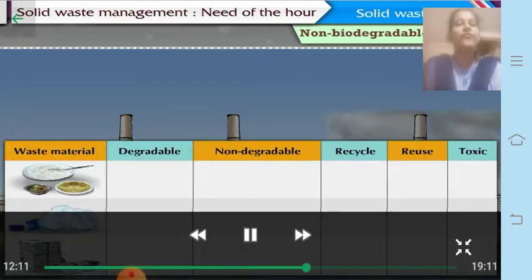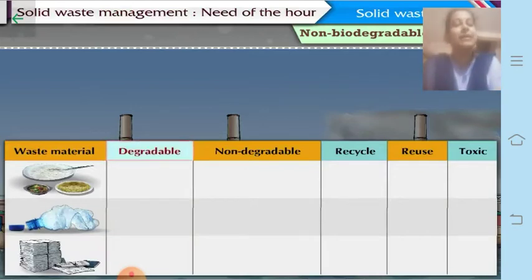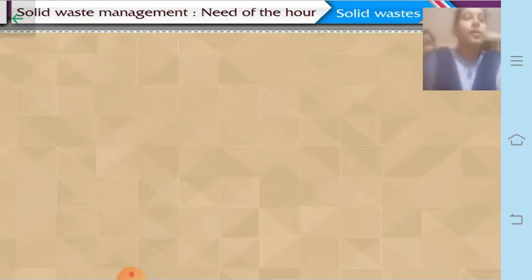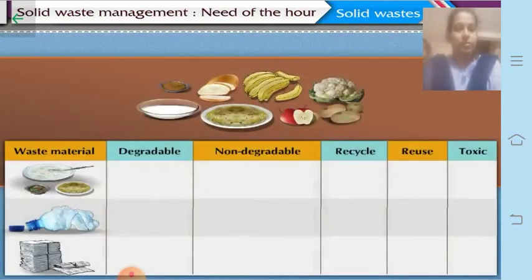The first one is the food items that are prepared. They are degradable but they cannot be recycled or reused, and they are toxic in nature.